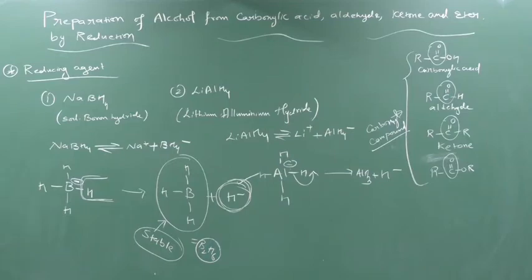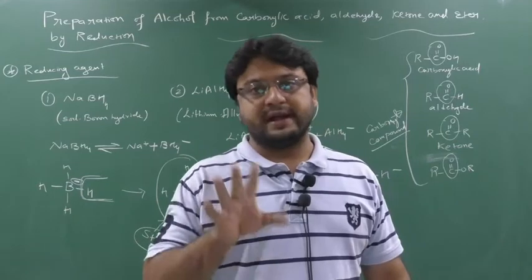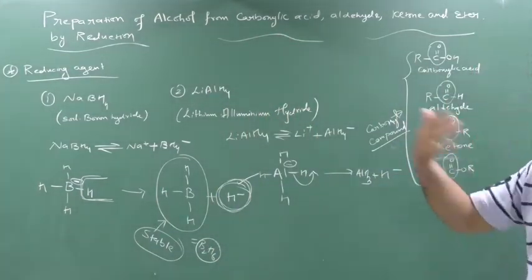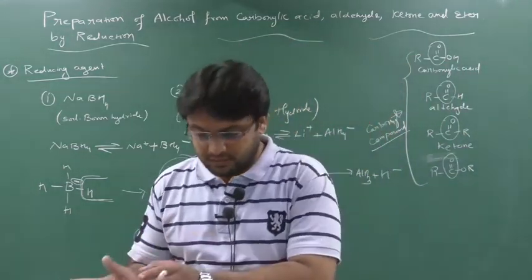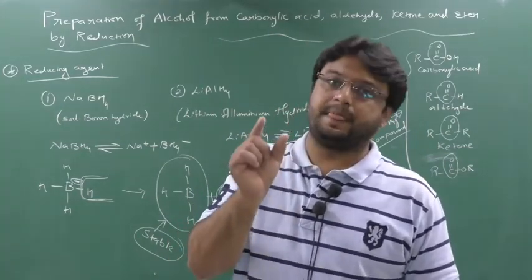Now see here, students, first I will do the general reaction to get the answer. I will take each and every example of each and every one. At the last part of the lecture, I will show you the mechanism.